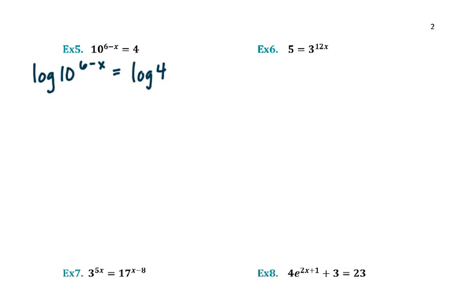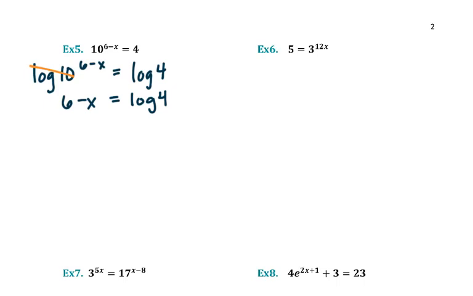Once I've done this, it's very easy for me to see that log base 10 of 10 is going to cancel. And we did a property in the last module, 13, that let us know that when I have log base 10 of 10 to a power, we can just cancel the log and write the power.